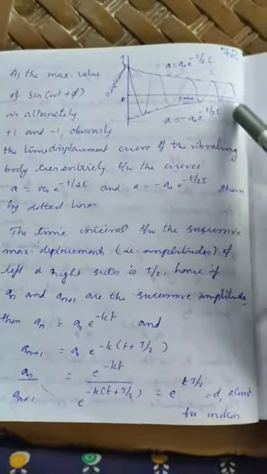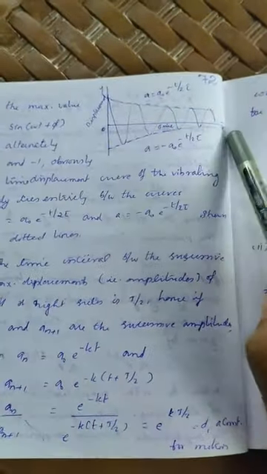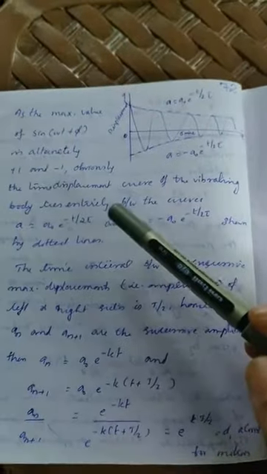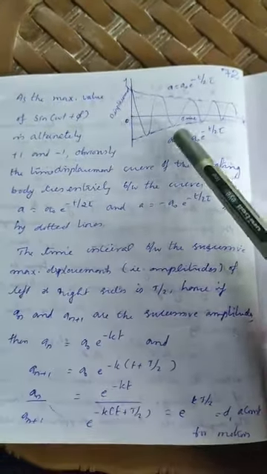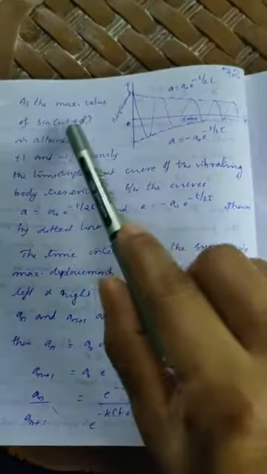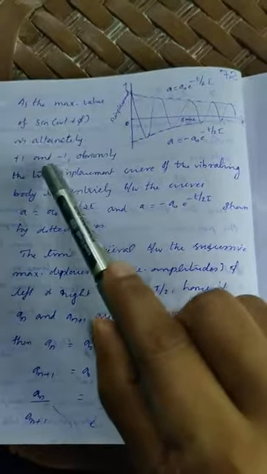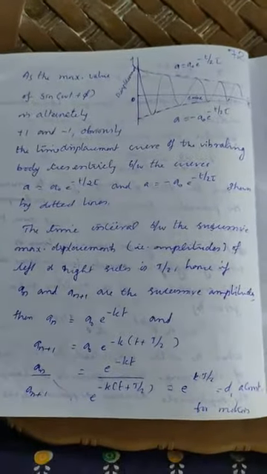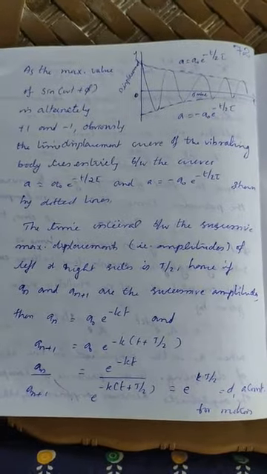So its oscillatory motion can be represented in a graph like this. On the x-axis it is time and on the y-axis it is displacement. How does this graph come? The maximum value of sin omega t plus phi is alternately plus 1 and minus 1. We know the sine function can have maximum value of plus or minus 1.